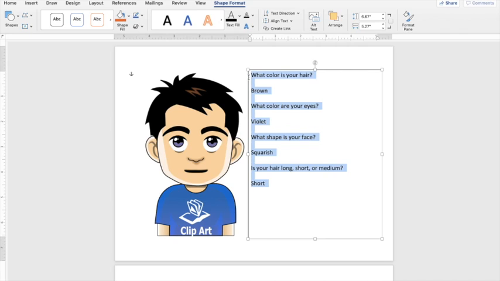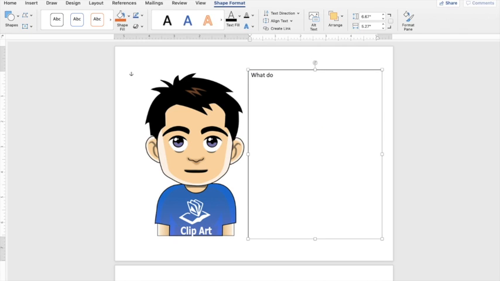If I change this and I say to him, "What do you look like?" Now he could say, "I'm a boy with a square face, violet eyes, and short brown hair. I have ears that kind of stick out and a thinner mouth.